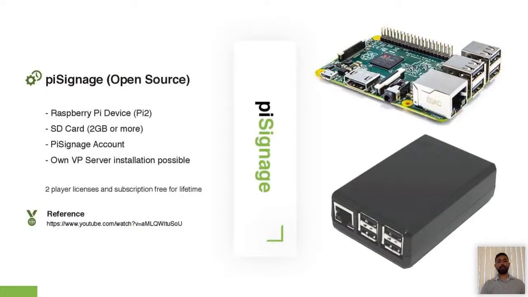And the Pi Signage, as I said, it's kind of a small beast. You can do many things using it. It's kind of a tiny computer. You can even build servers at home using this. The Raspberry Pi device I'm going to use today is Pi 2, but the current version is Pi 4.